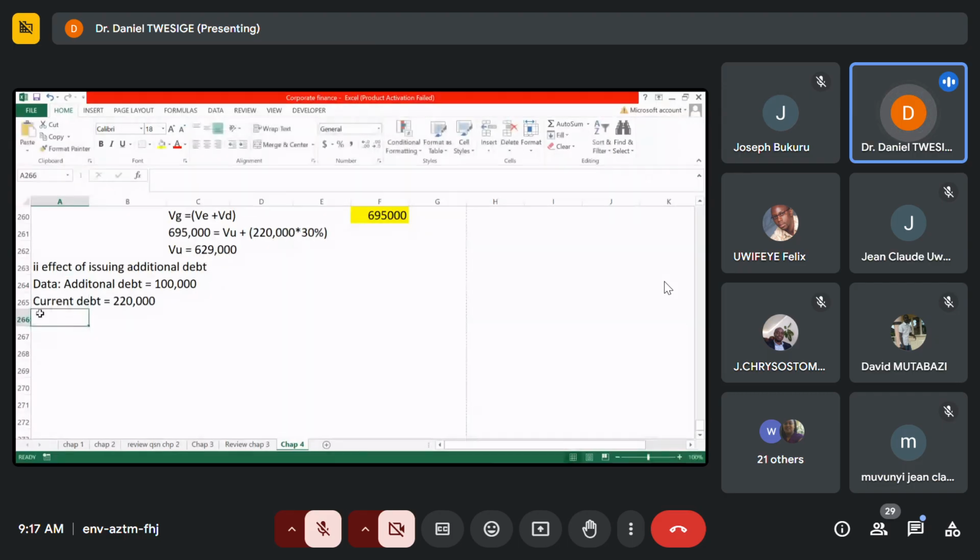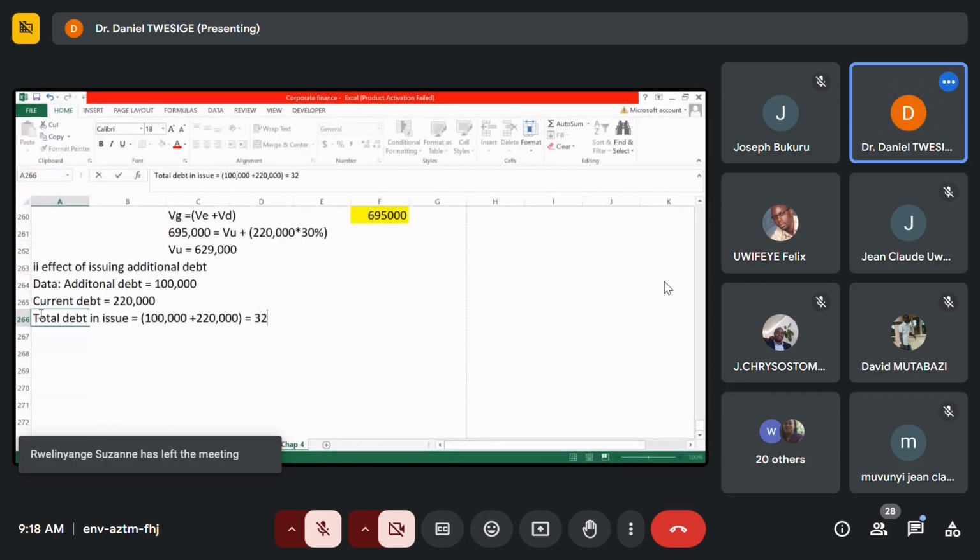So what will be the total debt in issue? The total debt in issue will be the new debt we want to issue, which is 100, plus the current debt that you have in the business. So I'm going to have 320.